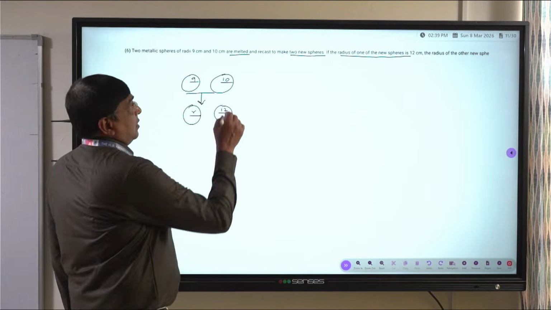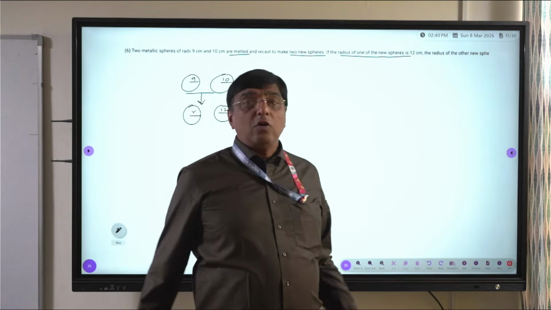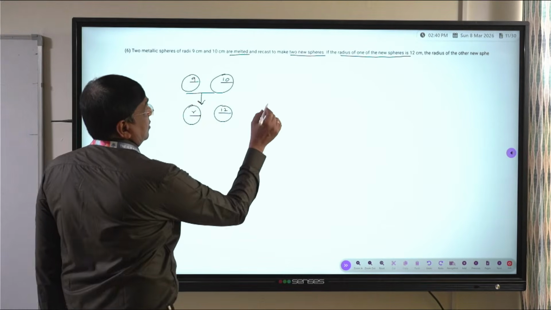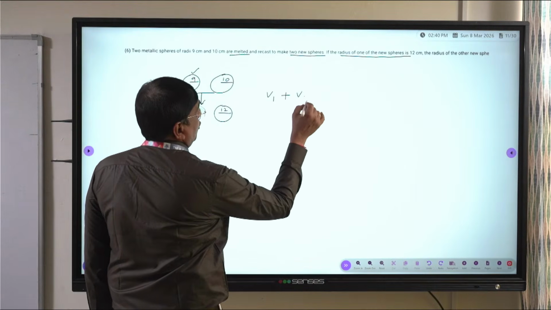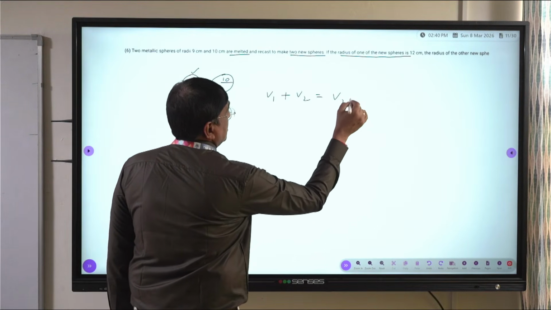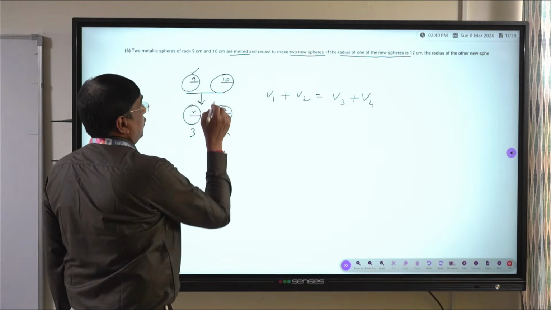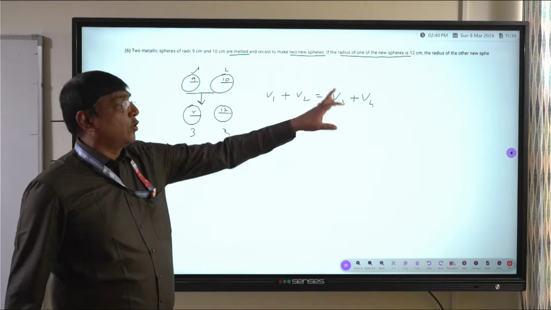But when one object is melted and recast into another, the volume remains the same. So say volume of 1, volume of 2 is same as volume of 3 and 4. Say sphere 3, sphere 4, sphere 1 and sphere 2. 1, 2 को melt करके 3, 4 बनाना है.